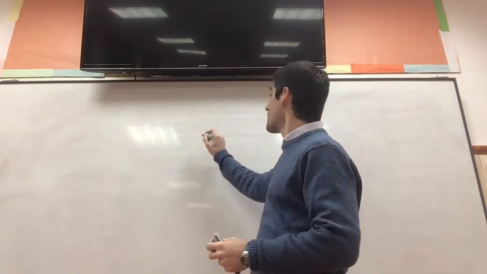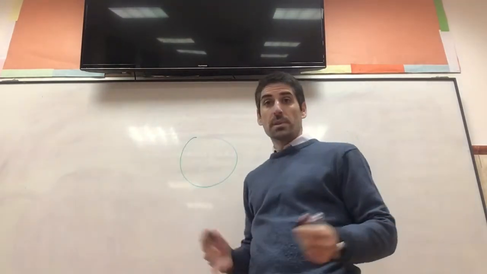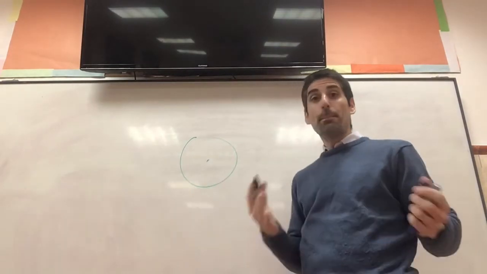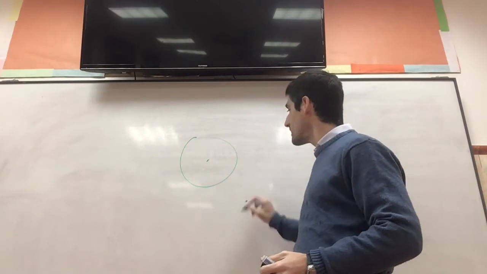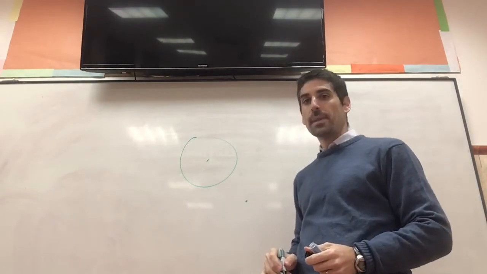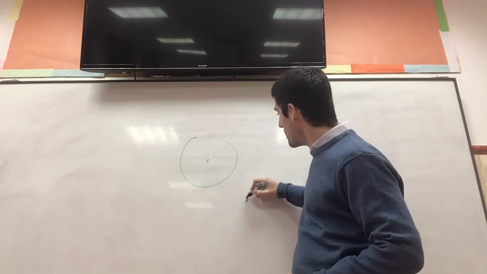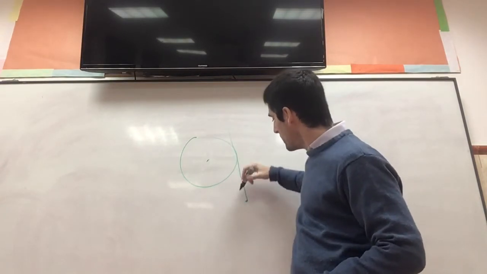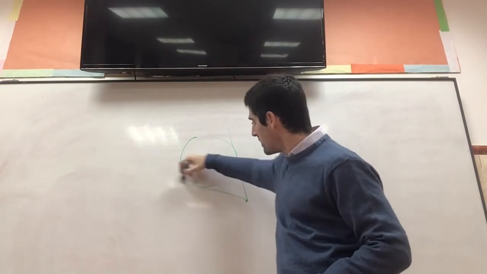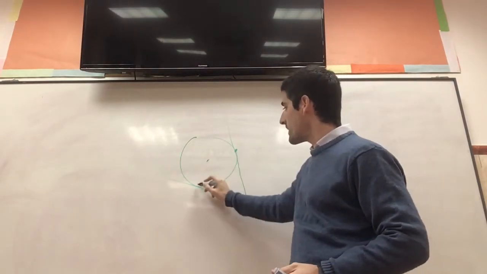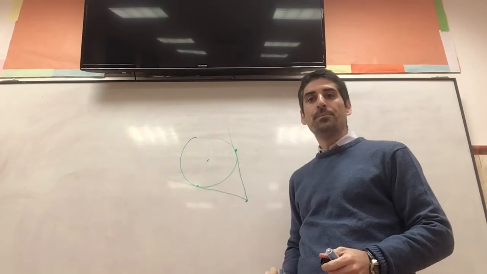So as usual, we start with the circle. That's the center of the circle, and we're just going to pick a point outside the circle there. From that point to the circle, I can draw one and two tangents to the circle with the point of tangency there and there.